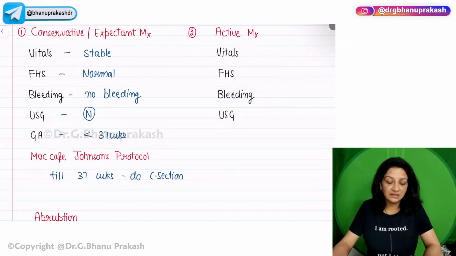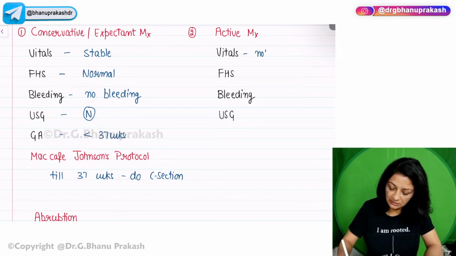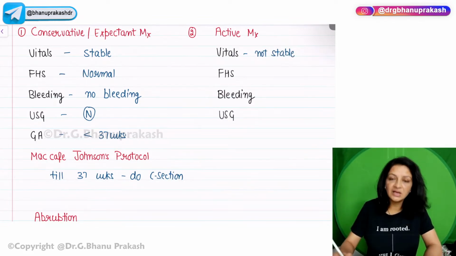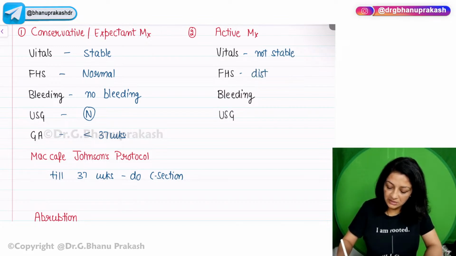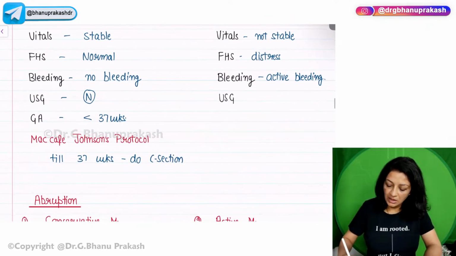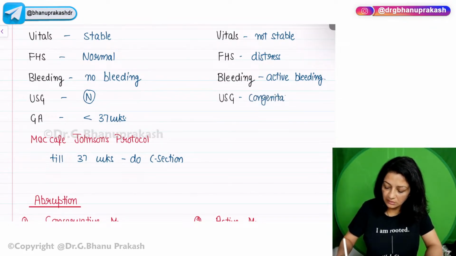But in case of active management, if the vitals are not stable, fetal heart rate हमें मिल रहा है यहाँ पे distress, active bleeding, and ultrasound में क्रॉस या फिर किसी तरह का भी congenital abnormality, then immediate cesarean section.